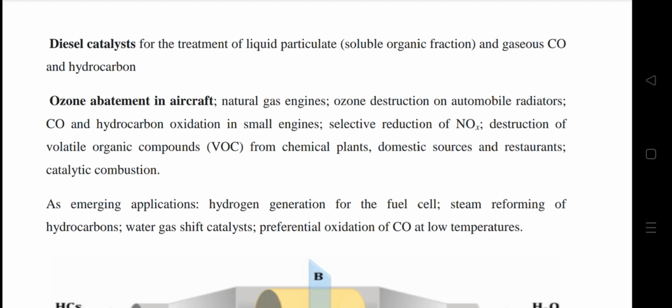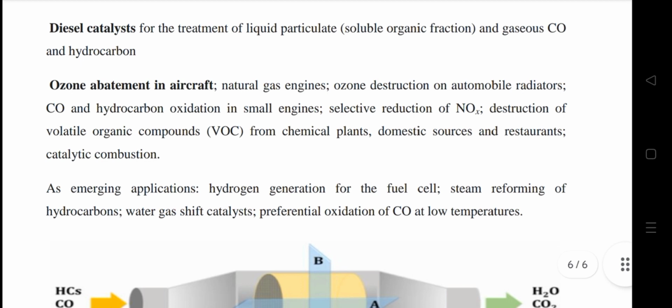Ozone abatement in aircraft, natural gas engines, that is, ozone destruction on automobile radiators, carbon monoxide and hydrocarbon oxidation in small engines, selective reduction of NOx, and destruction of volatile organic compounds from chemical plants, domestic sources and restaurants, and catalytic combustion.